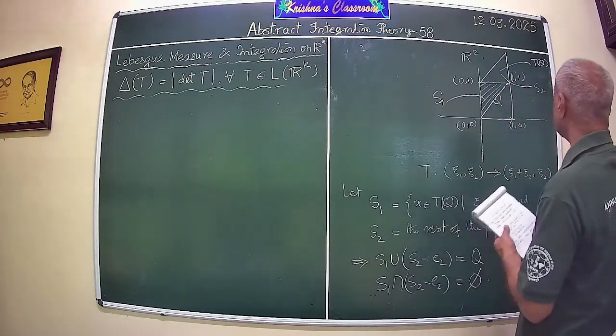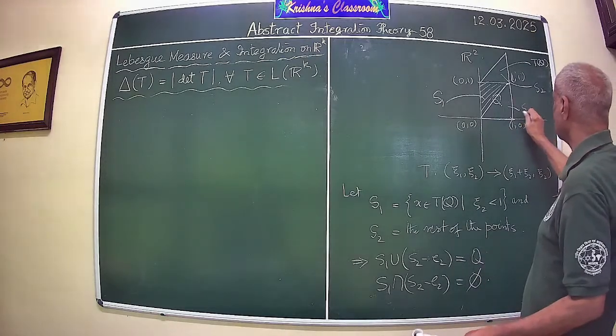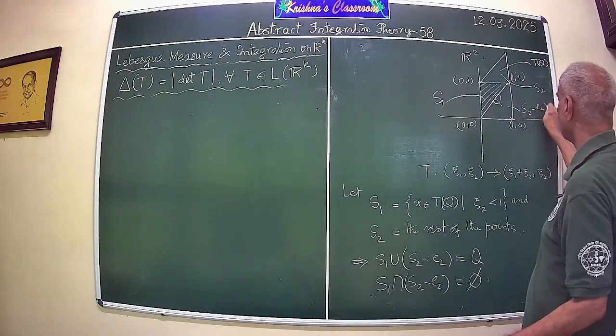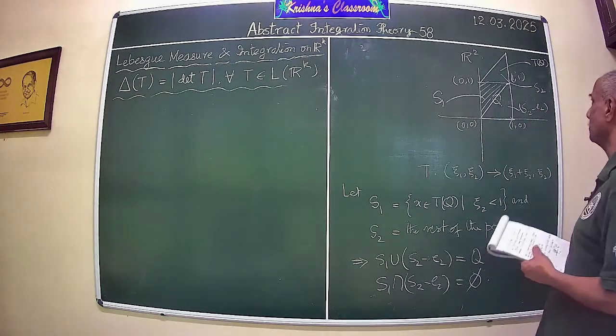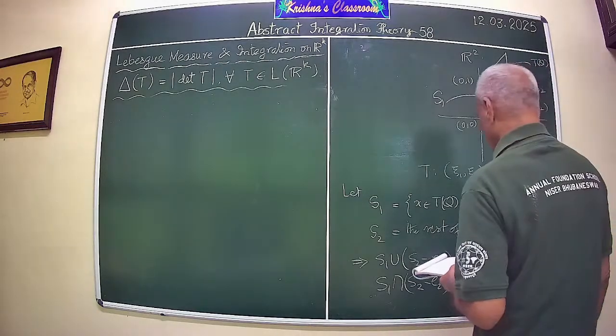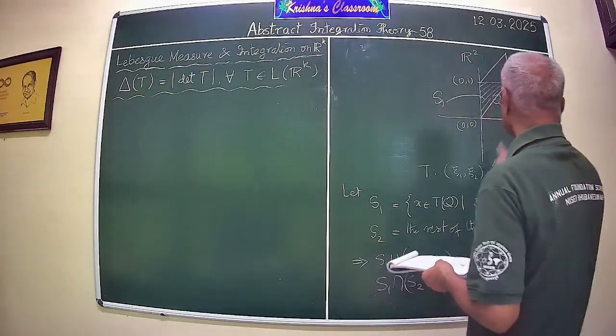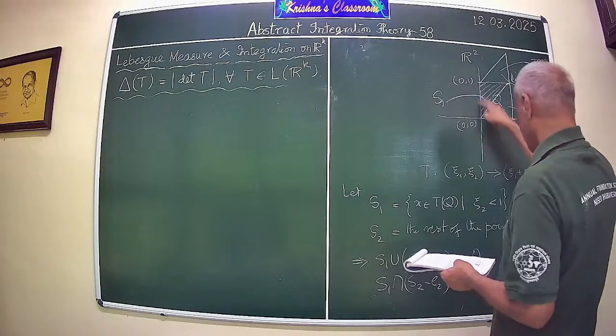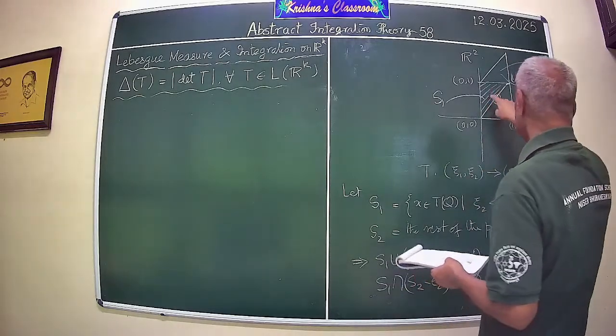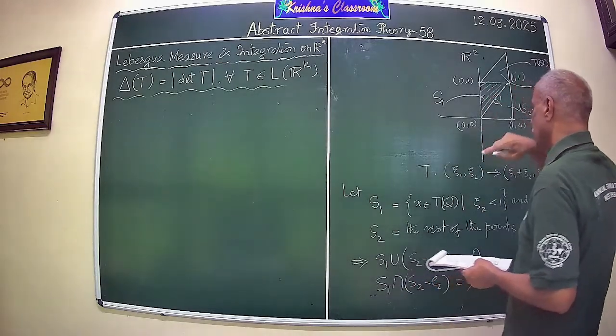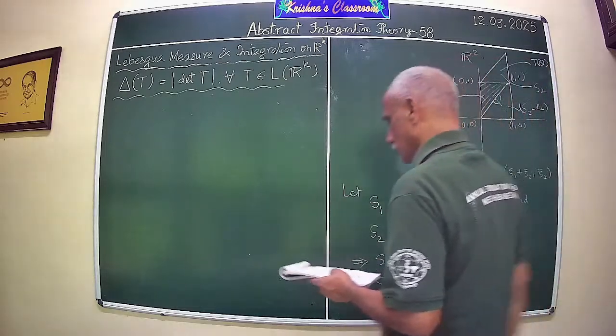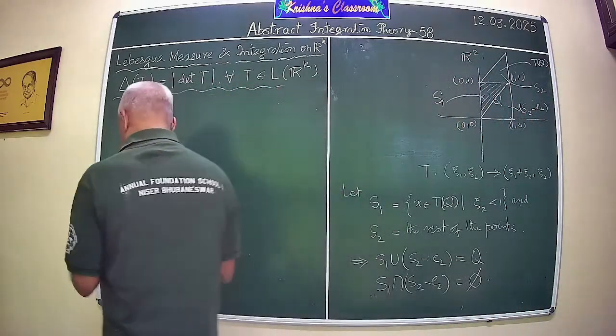This is S2 minus E2. Now S1 union S2 minus E2 equals TQ. The intersection of these two is empty. That's what you get.